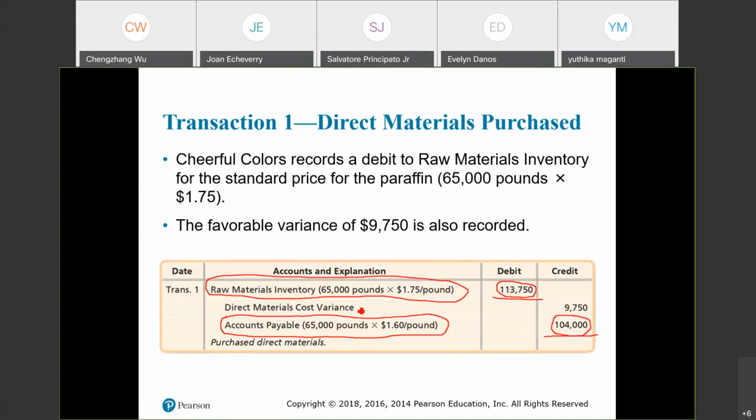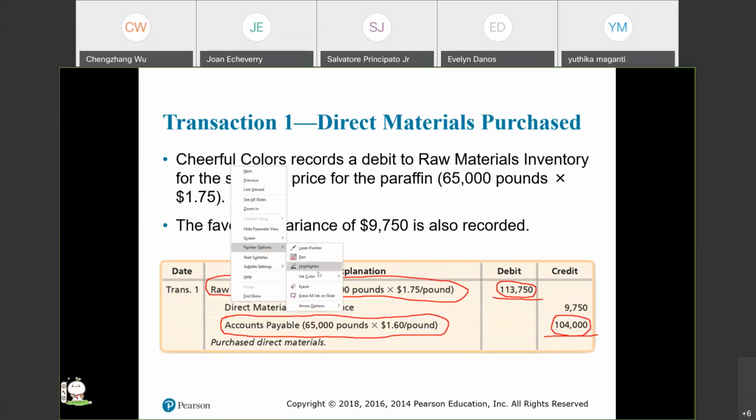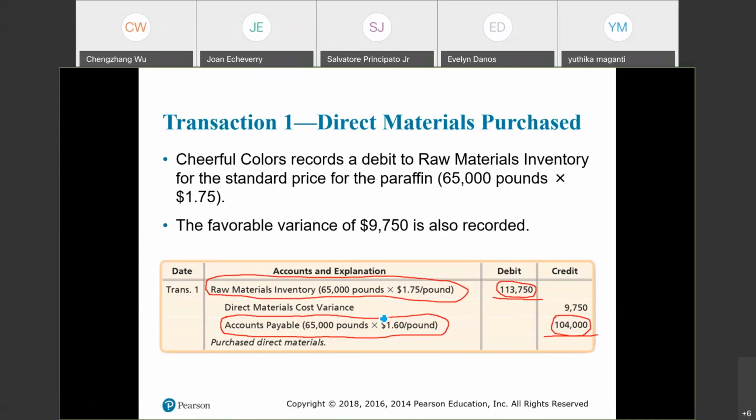You record the difference between these two numbers to this account. If it is favorable, you credit direct material cost variance.